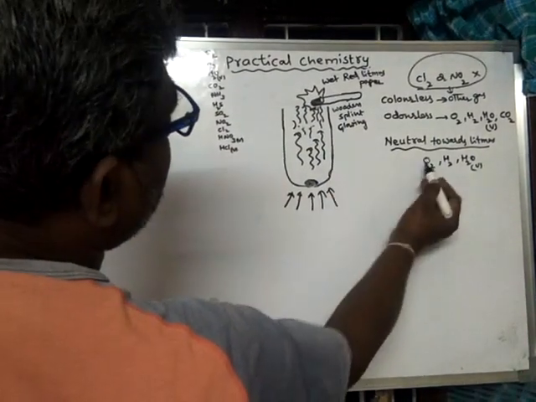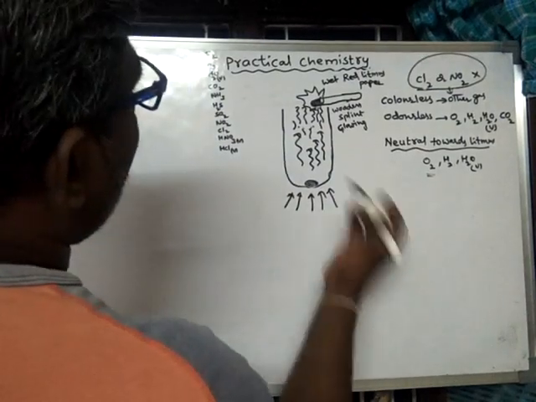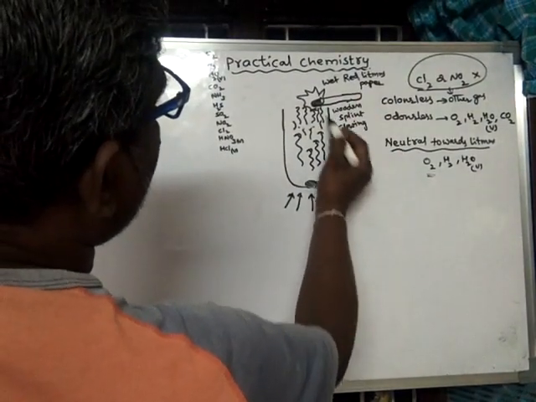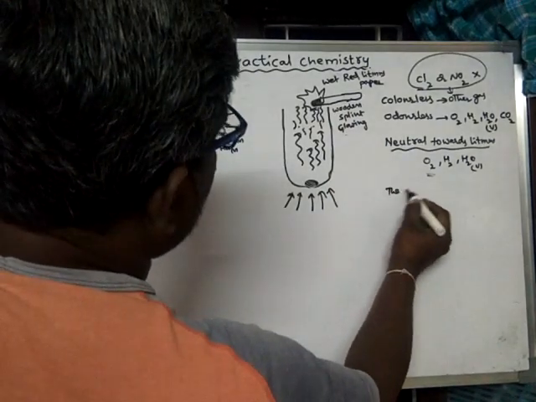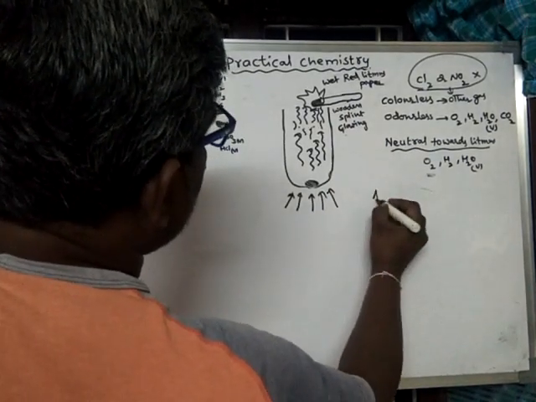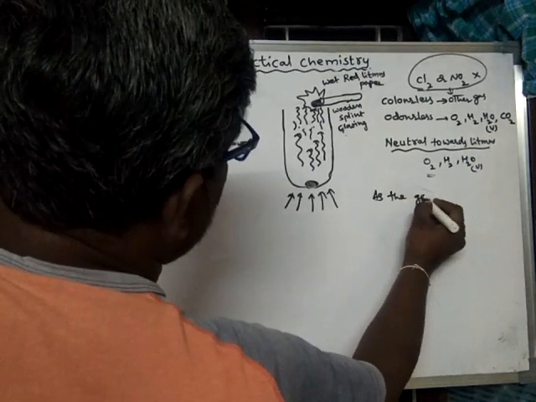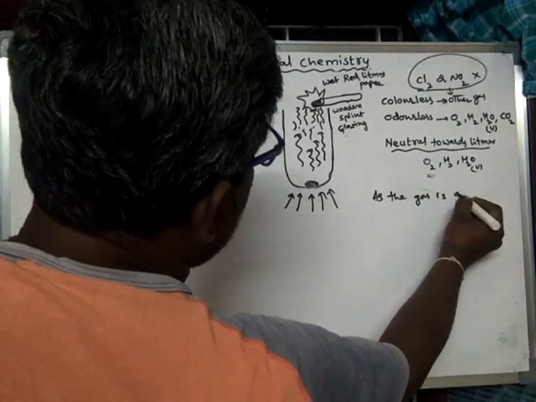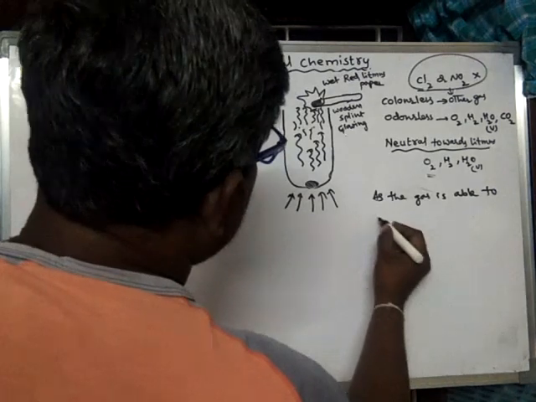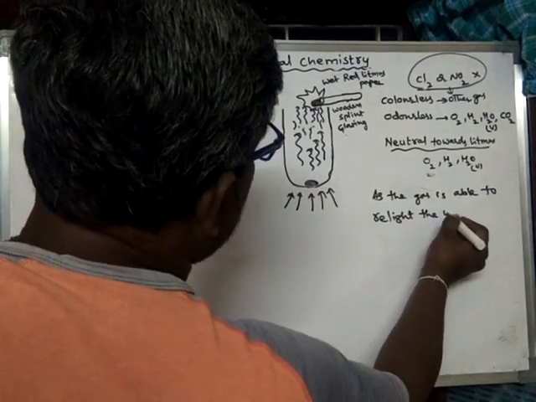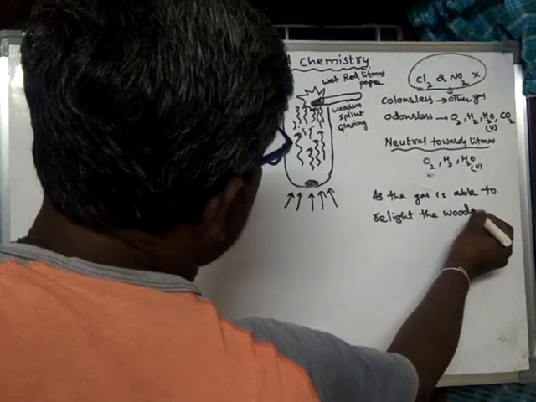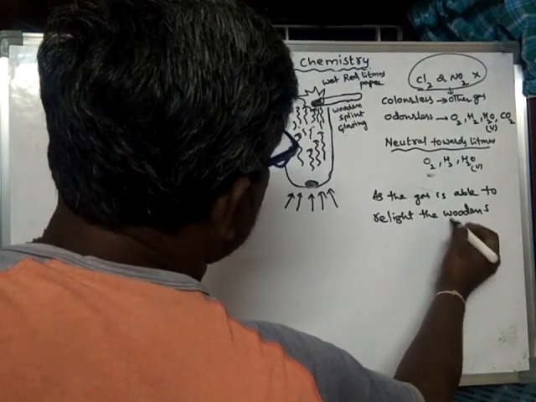So out of these three gases, with this experiment we came to the conclusion that the gas is able to relight the glowing wooden splint.